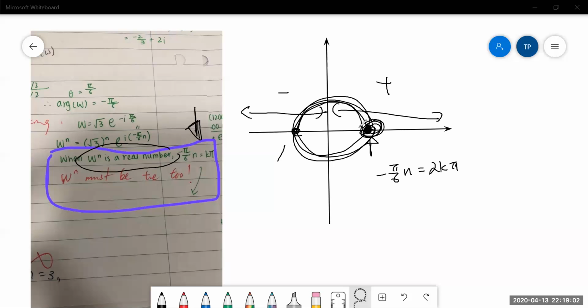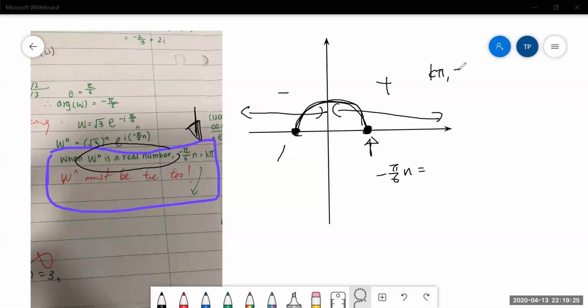You understand what I'm trying to say? No. Okay, I repeat. From here to this angle is what? Pi, right? Do you agree that if it's a real number, it must either occur here or here, since they say k pi?